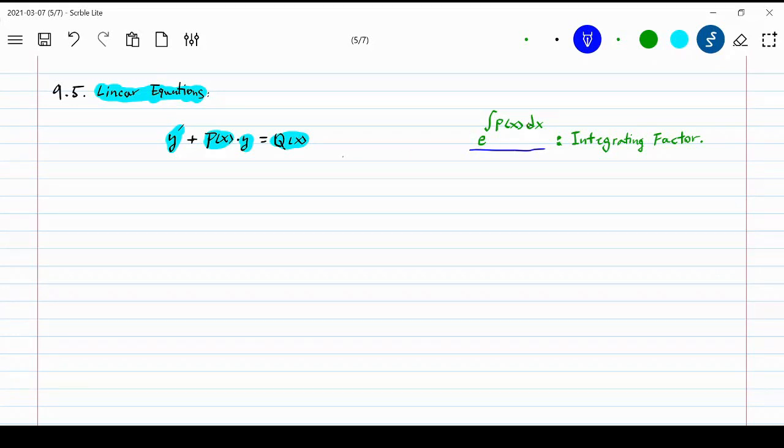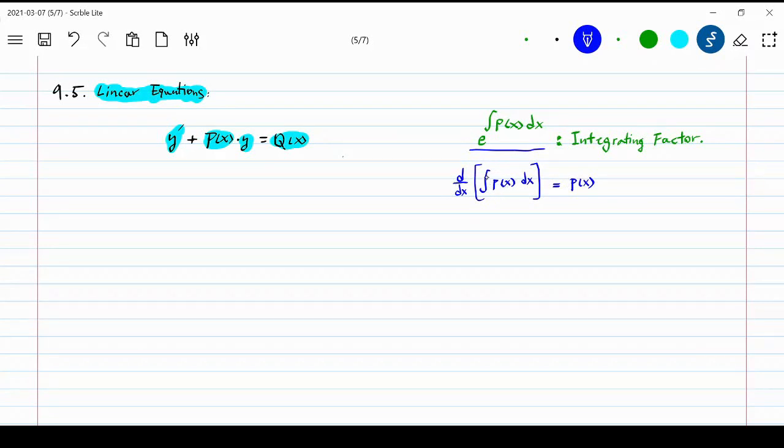I'm going to show you what this integrating factor does. First, if you have the integral of p of x dx, and I ask you to find the derivative d over dx of this integral, the result would be the p of x function.